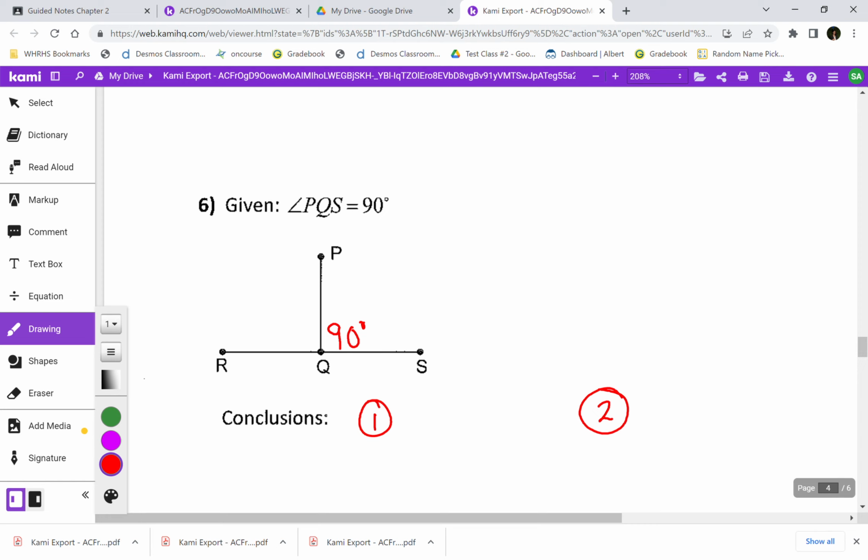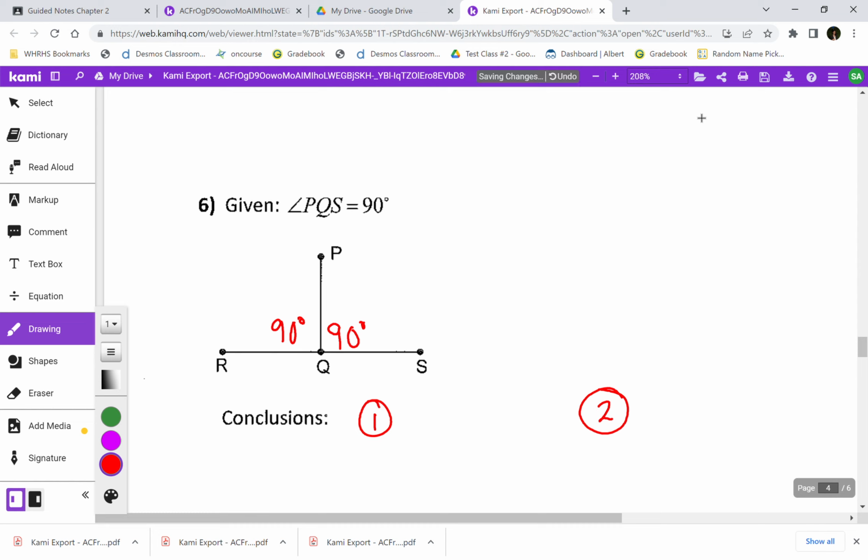You're good with the perpendicular, nothing about congruent segments because it didn't say bisect or midpoint. So we don't have any congruent segments, but you're good with the perpendicular and the right angle. It doesn't say anything about congruent segments, so we can't conclude bisect. I see what you guys are saying: if this is 90, then this is 90, so the straight angle was bisected.